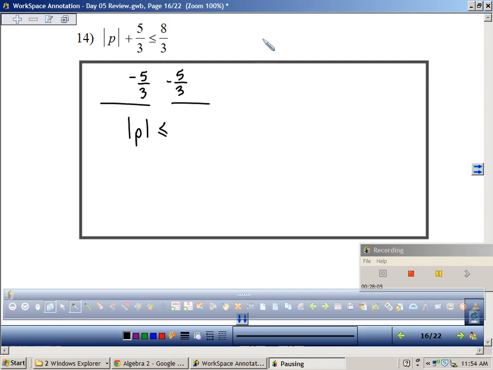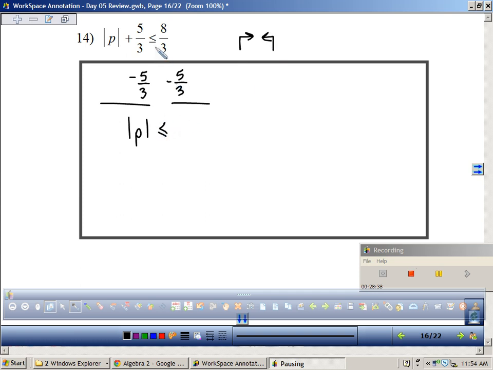Is going away less or is going towards less? Towards is less, right? You're getting smaller. You're going towards each other. When you're going away, you're getting larger. So this one's going to be going towards, less.